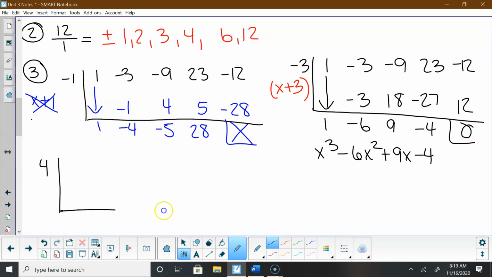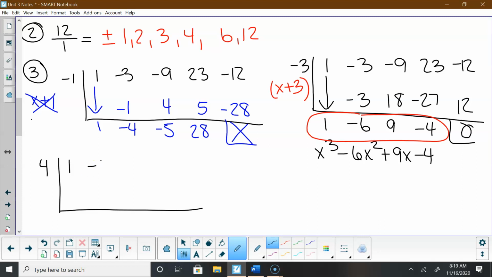Now, when we go to do this, use the numbers that you got right here, because that's 4 checks instead of 5. And if you think about it, if it's divisible by the whole polynomial, it's going to be divisible by a smaller part of the polynomial as well, right?